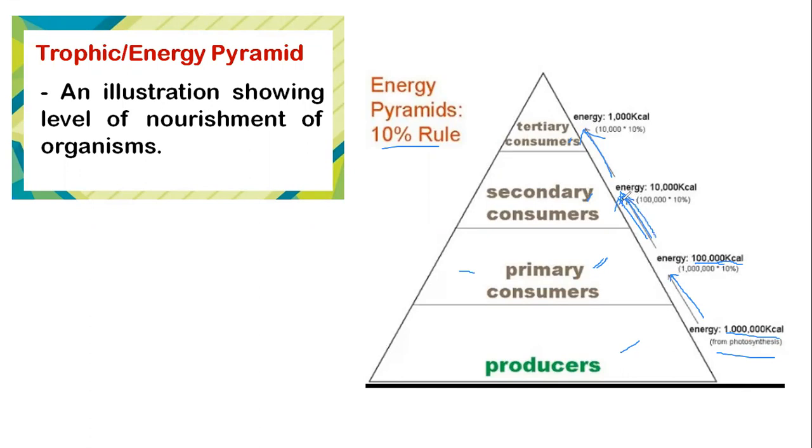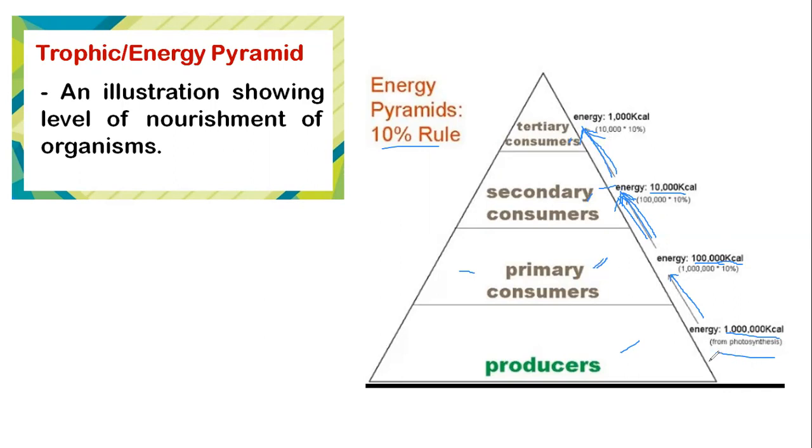So only 10,000 is gained by the secondary consumer. Then the secondary consumer is eaten by the tertiary consumer. The tertiary consumer can only receive 10% of the total energy of the secondary consumer. The energy of the secondary consumer is 10,000 kcal. What is 10% of 10,000 kcal? It is 1,000 kcal. So you will just multiply it by 0.10.